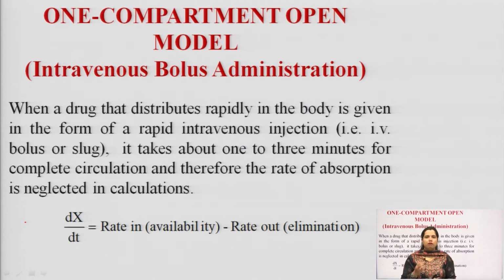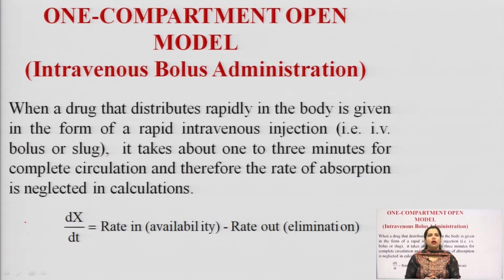If we give a drug through intravenous bolus administration, how does it behave within the body, and how do the pharmacokinetic parameters affect drug performance? This model will give you a brief about the total pattern of the drug, and how the body parameters affect the drug performance.